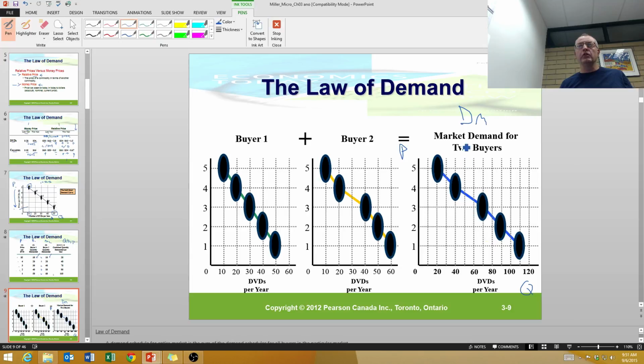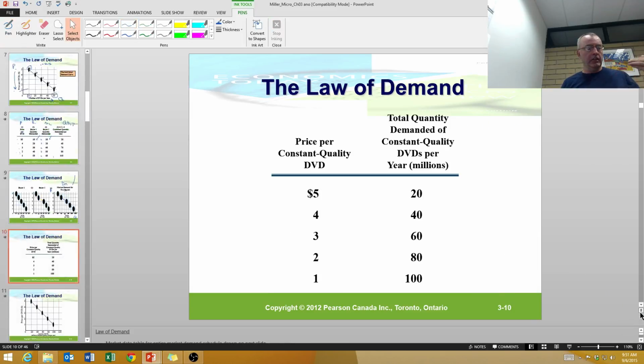In this little example, our market only has 2 buyers, but of course, if we're speaking of a product like DVDs, we're probably speaking of a regional, national, or maybe international market, and the quantities are probably quite a bit larger than at the individual consumer level.